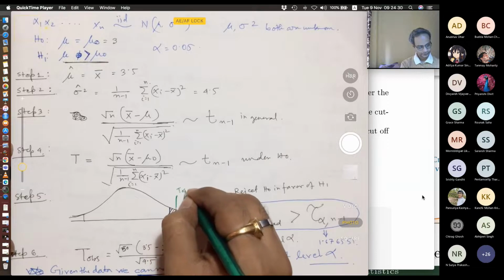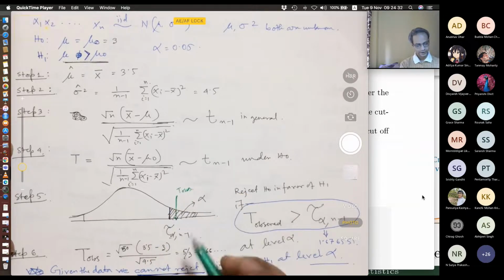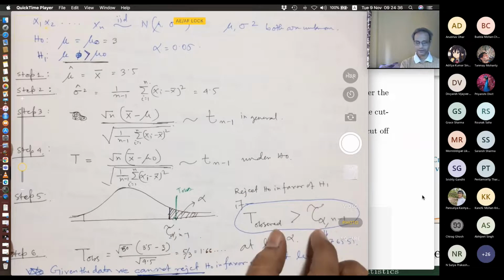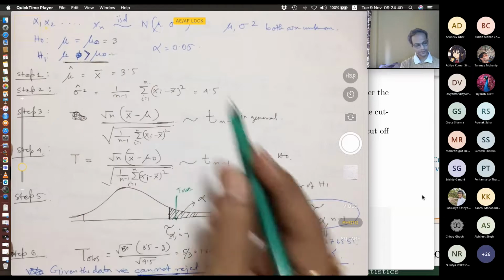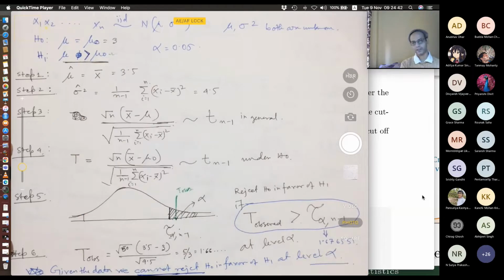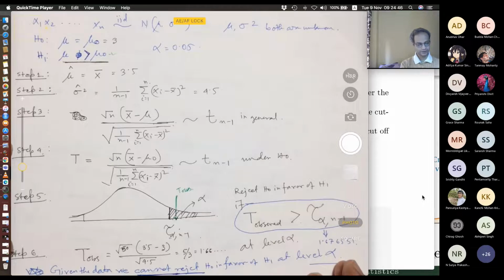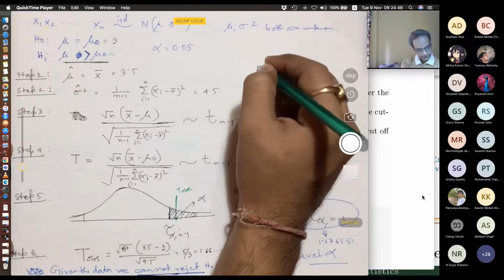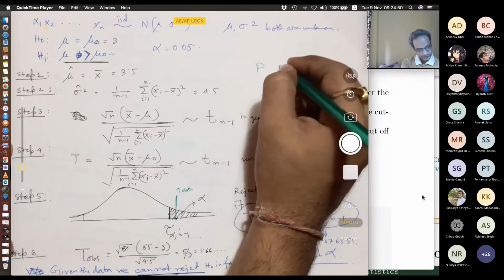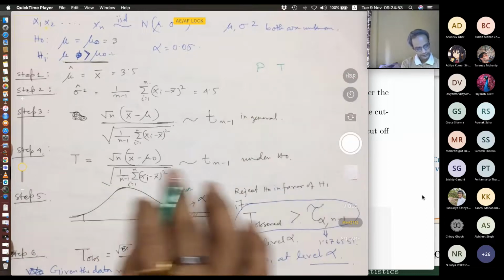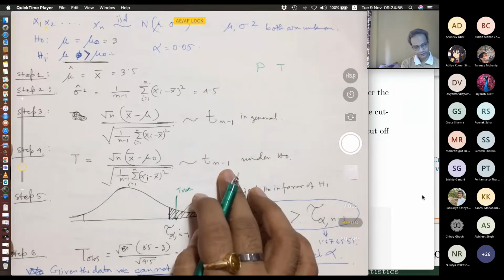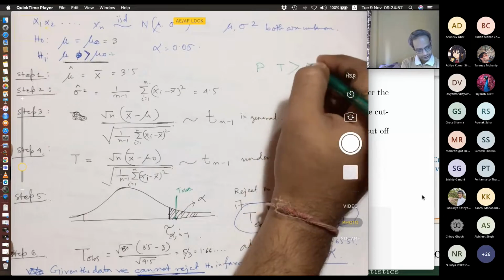According to the test rule, from this alternative hypothesis, it is an upper tail test. So for higher values, you will reject the null hypothesis. So calculate the probability that T, following t with n minus 1 degrees of freedom, is greater than T observed.